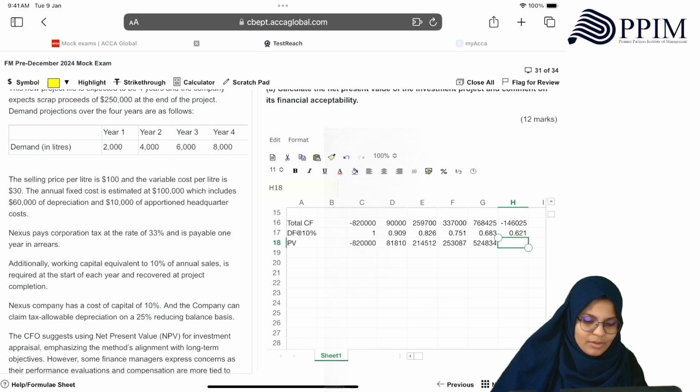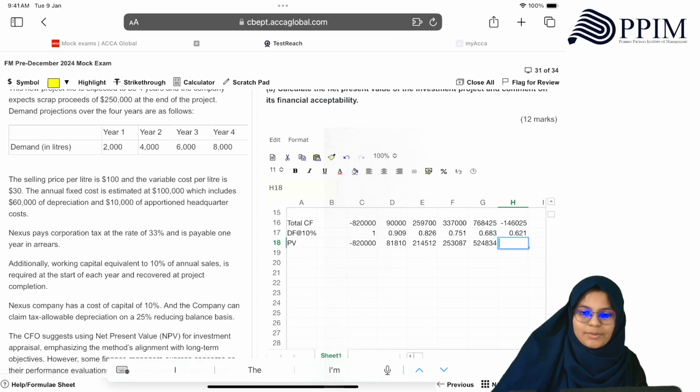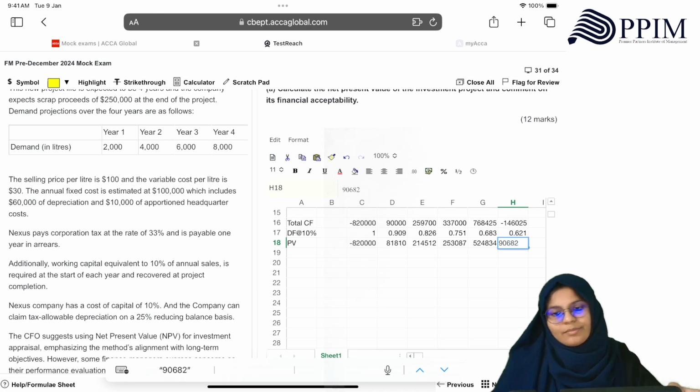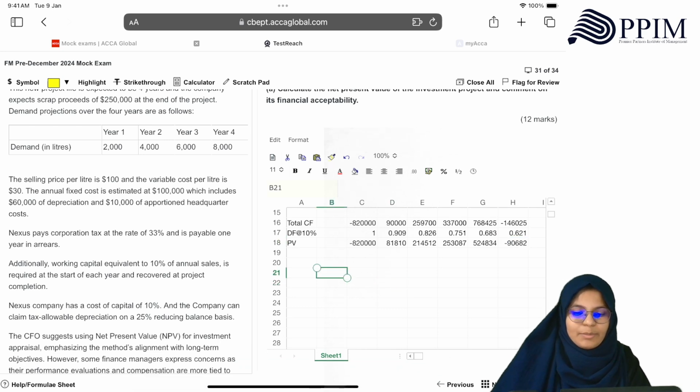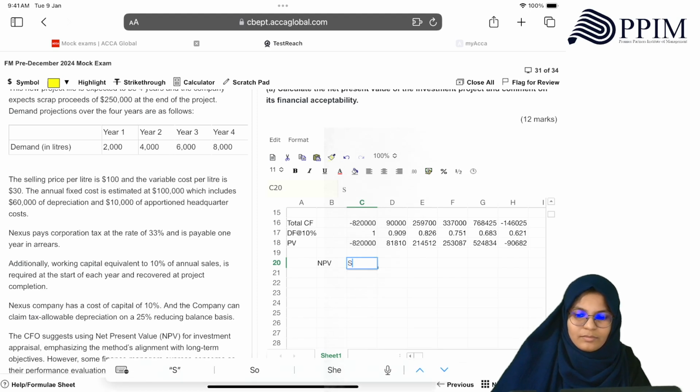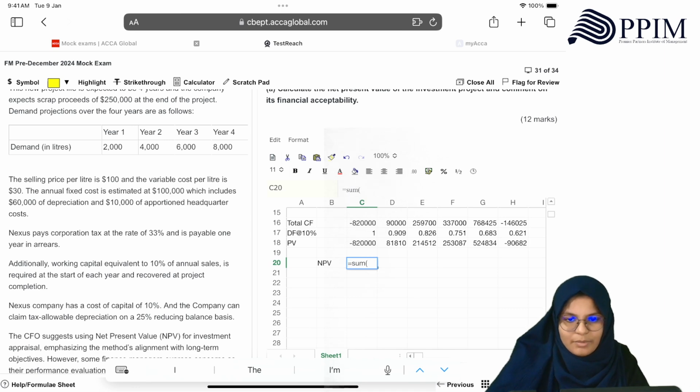Which is 90,682. It's a negative figure. Okay, so now you can get NPV. It's not letting me formulate.